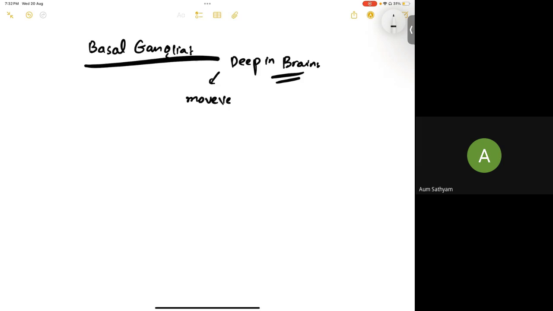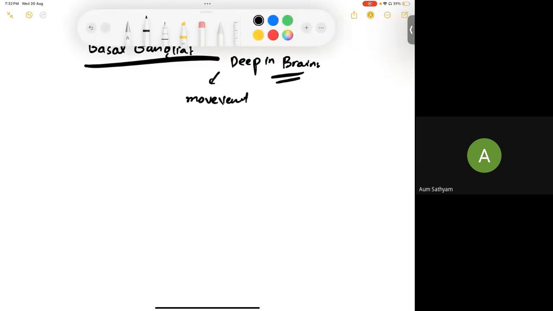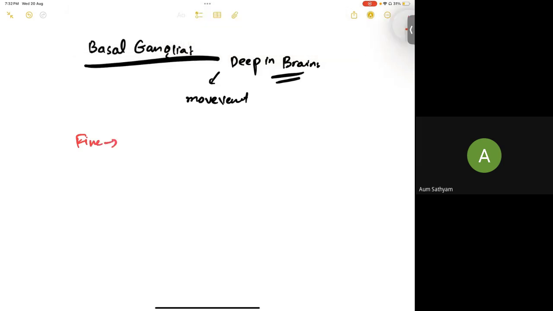If you guys remember, I told you that in order to have a fine movement, for example, what is fine movement? Like I'm writing here on the whiteboard. In fine movement, we are using a certain group of muscles, but at the same time we are inhibiting the opposite group of muscles.